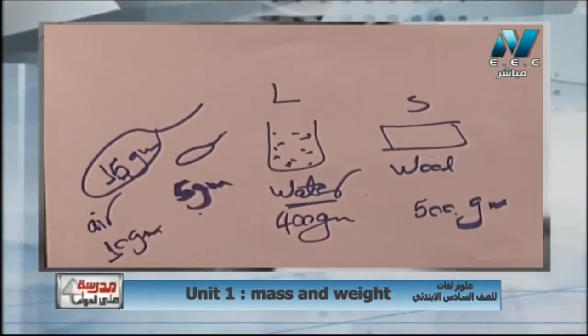So the mass of air will be 10 gram. So sure, air or gases in general have mass. So I can say all matter has mass whatever its physical state. The solid has mass, the liquid has mass, the gas also has mass.